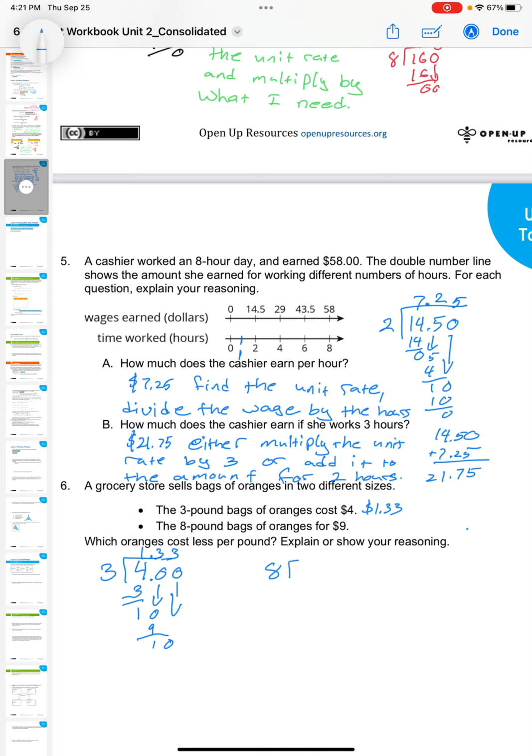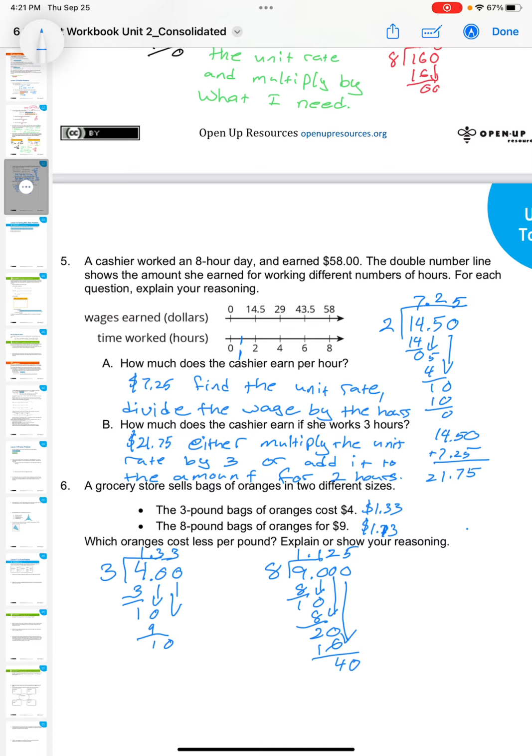And 8 into 9, that's 1. 1. And 8 goes into there. 2. And so because that's a 5, that would be $1.13.